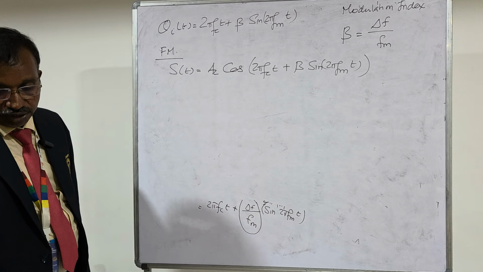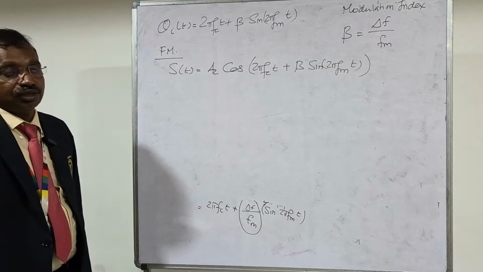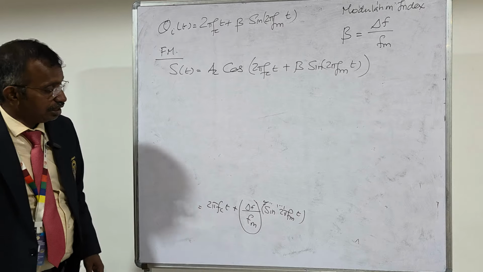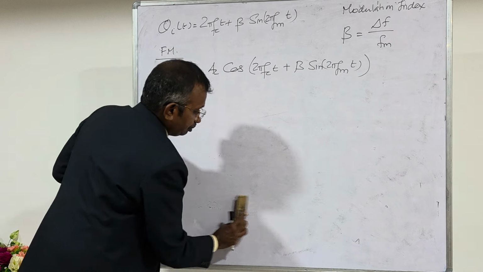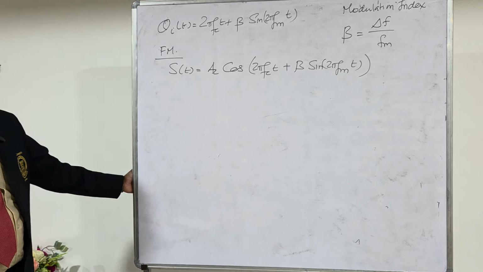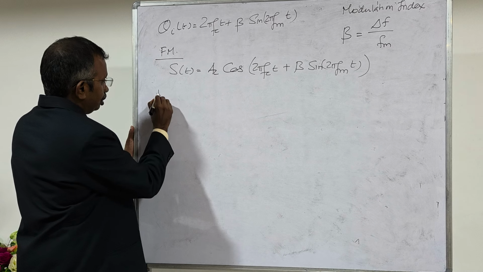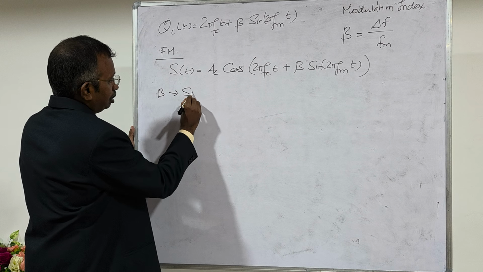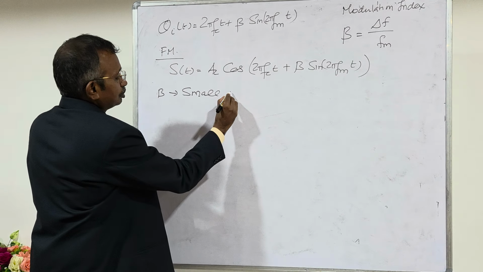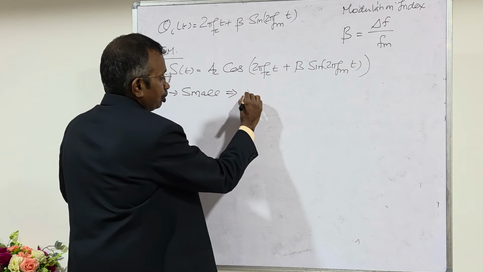Now depending upon the values of beta, you can classify FM into two types. When beta is small, this is called a narrow band FM signal.